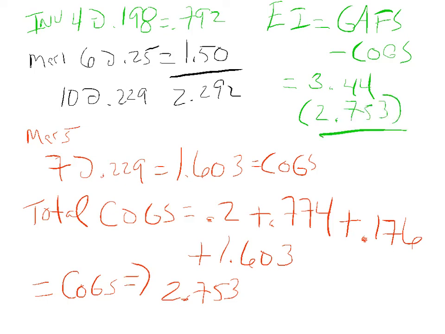So in that case, ending inventory is 0.687. All right? So we've got two of the variety of items that I wanted y'all to find, and I'll do the comparison now at the very end.